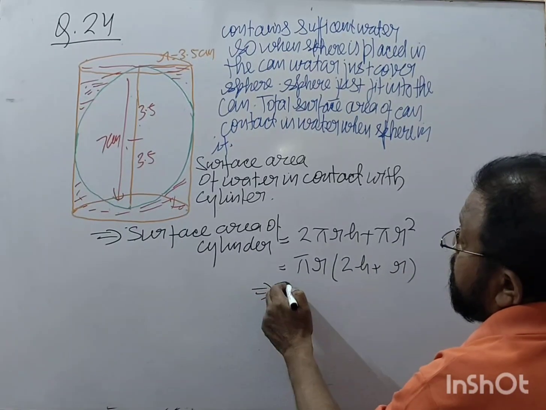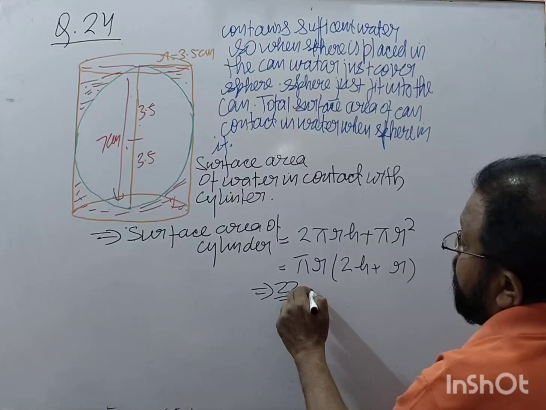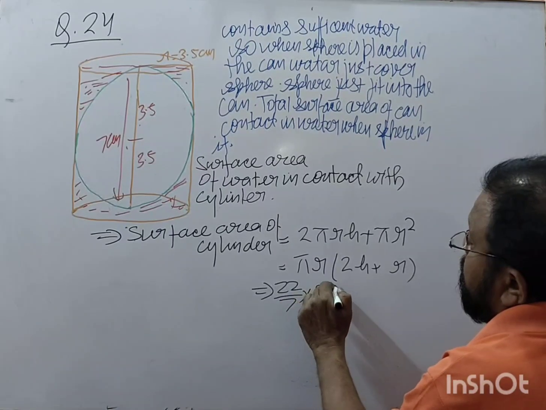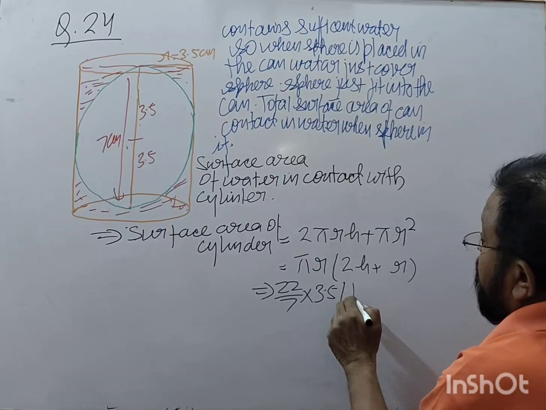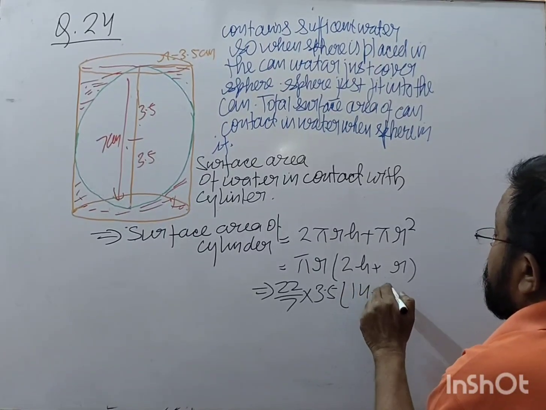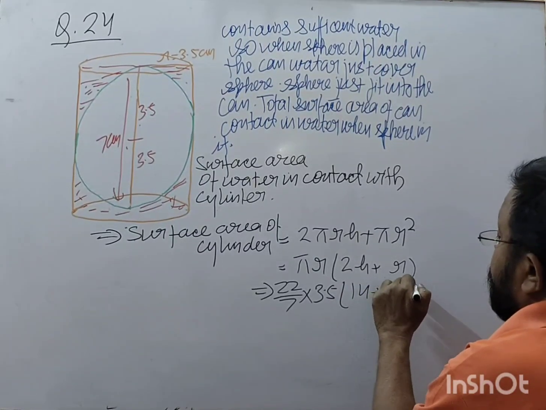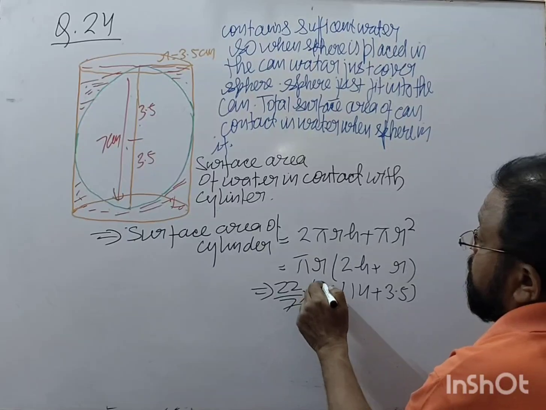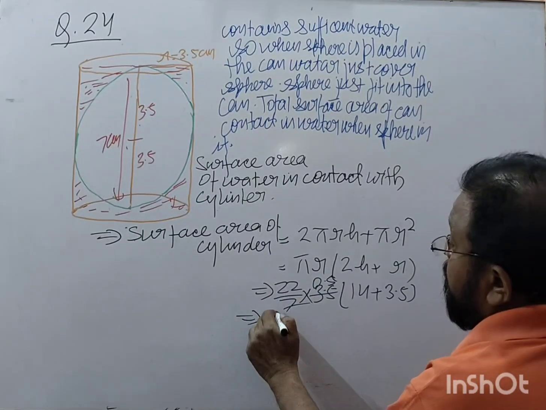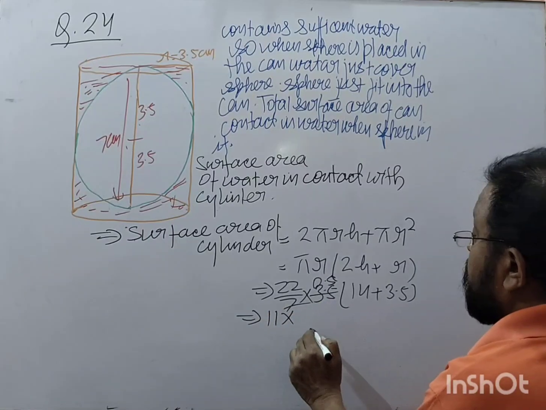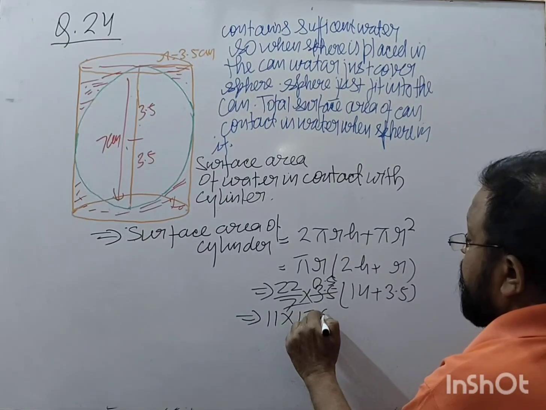So it is 22 by 7 into 3.5 bracket 14 plus 3.5, it is 0.5. We get 11 into 17.5, right?